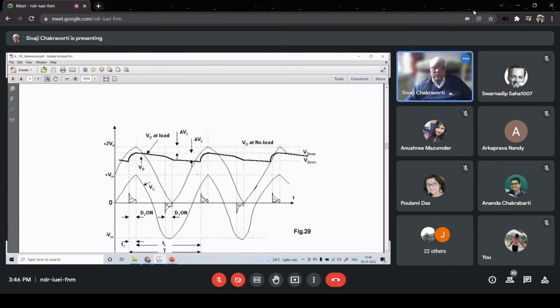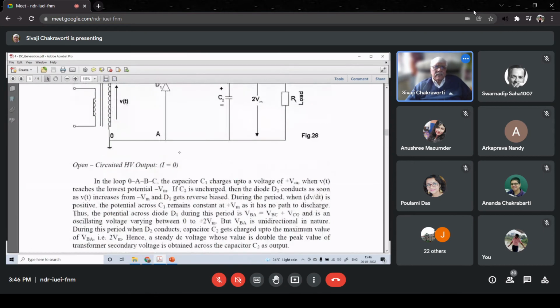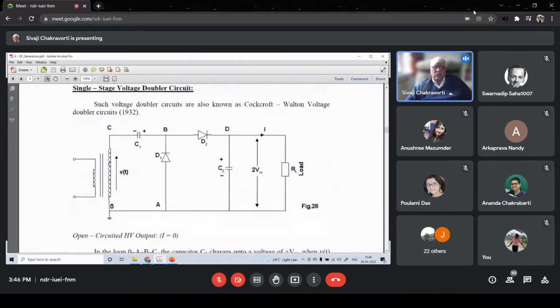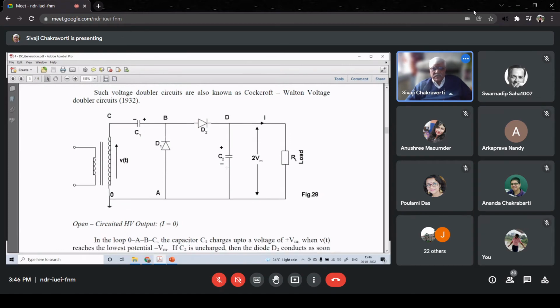So there are two voltage differences here. One is del V1. What is that? That is from 2 Vm to a slightly lower voltage. Why does this happen? That is because C1 is losing its charge, so that C2 is not going up to 2 Vm.